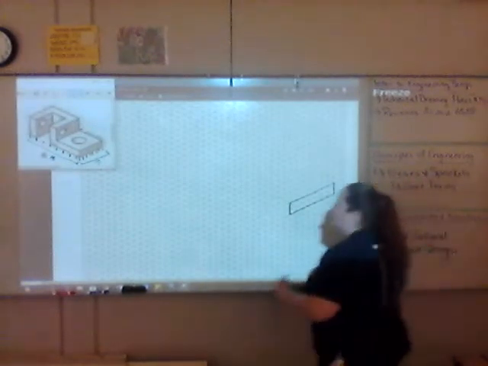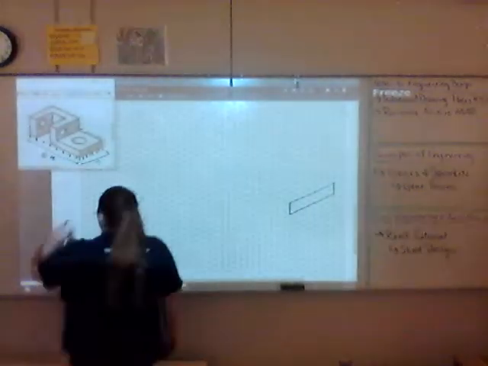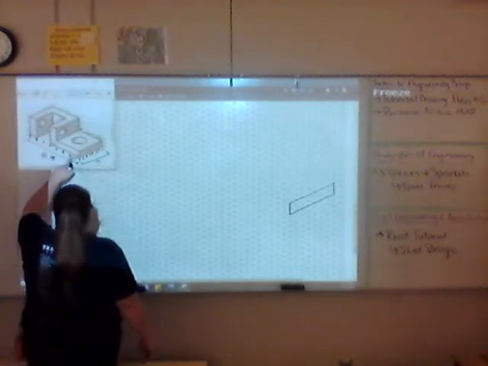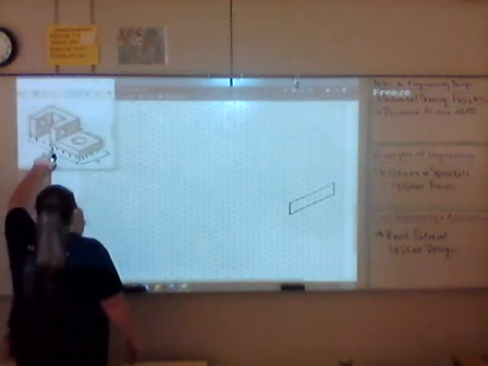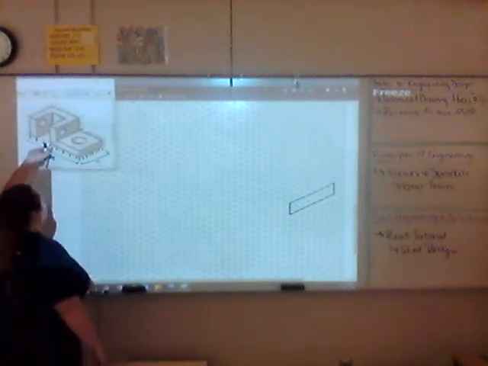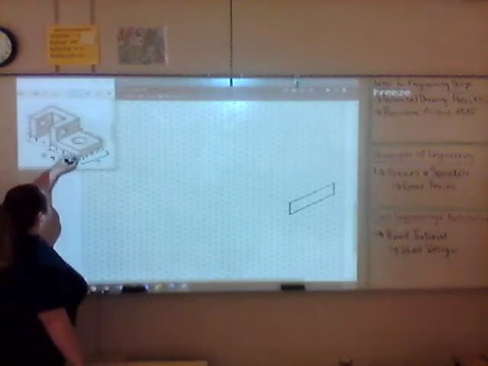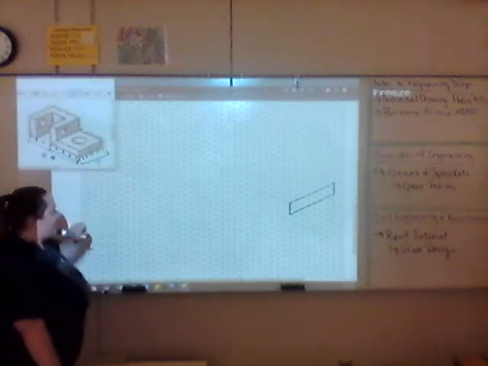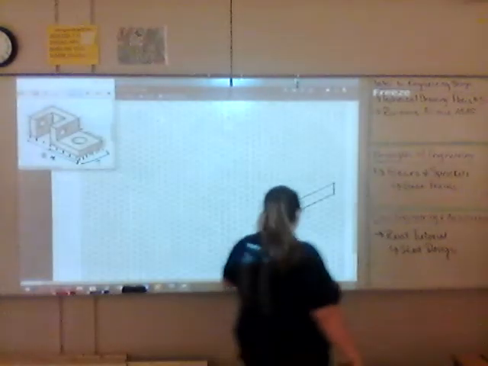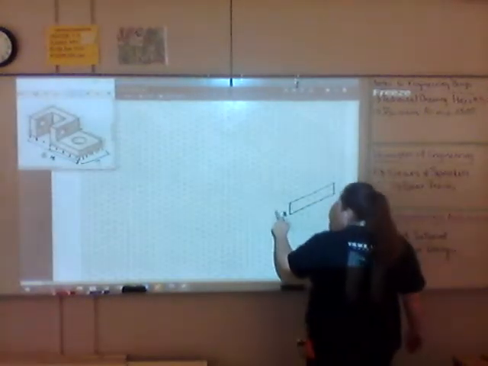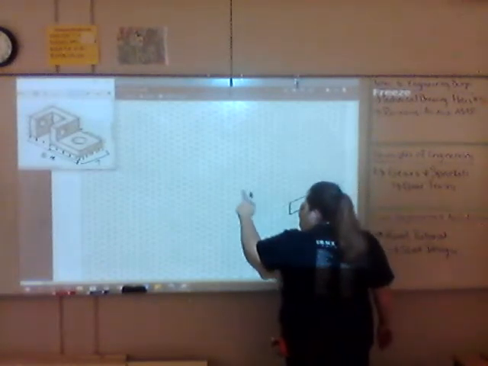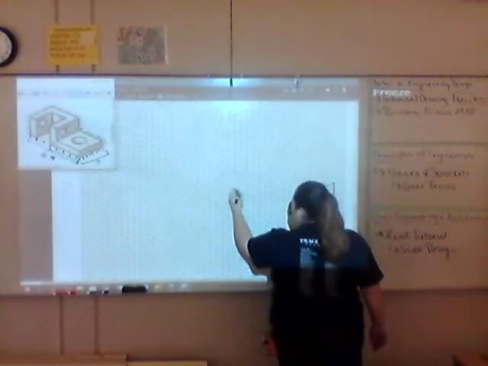Then looking at this L, we have 1 plus 2, 4, 6, 8. So that's going to give us 9 to here. That's 2, 4, 6, 8 plus 1 is 9. Counting back to the left this way, we're going to have 3, 6, 9 right here.